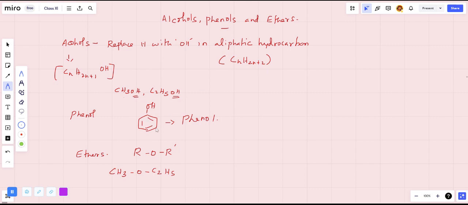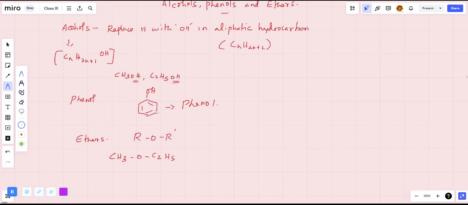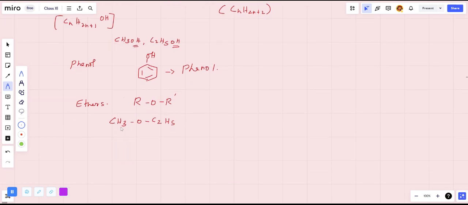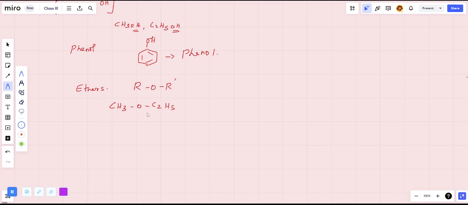And phenol is with aromatic hydrocarbon, where one hydrogen is replaced by OH. That is phenol. And the ether is CH3O C2H5. This is the general form for ethers. Here the R may be an alkyl or aryl group, anything. So that is ether.